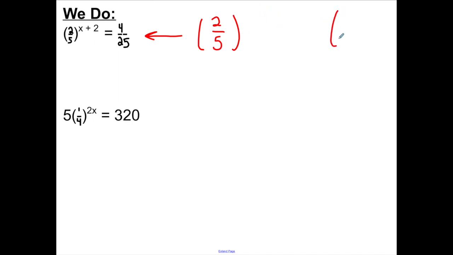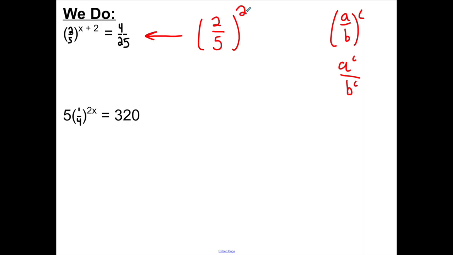Just remember, whenever you're working with a fraction, a over b to the power of c, essentially you're just distributing the exponent to the top and to the bottom. So if I can figure out what power will make the smaller number work, then I'm most likely going to have the same thing work out with the bigger number.